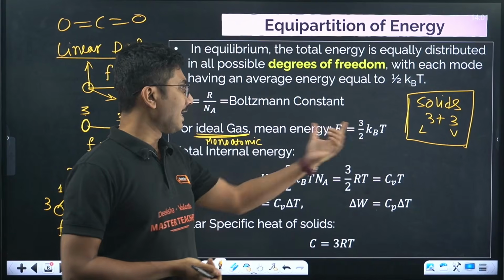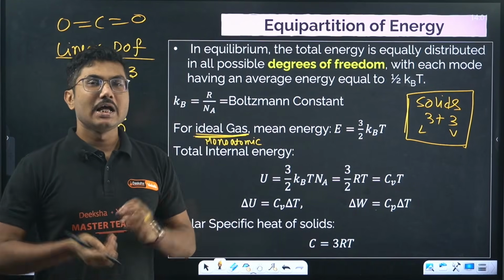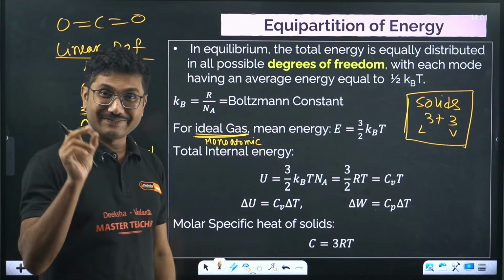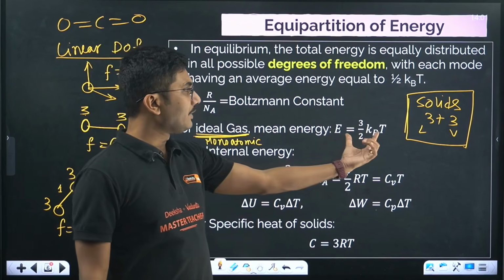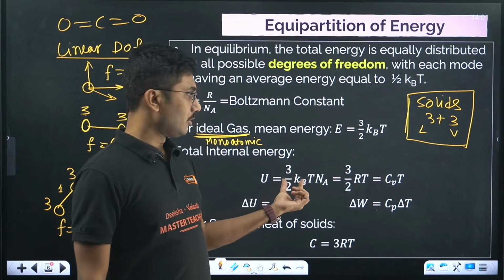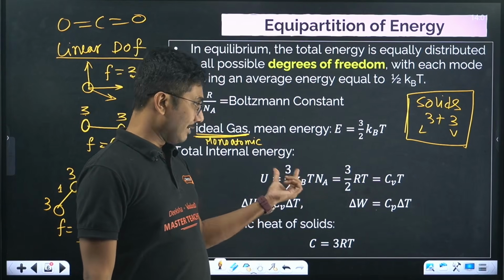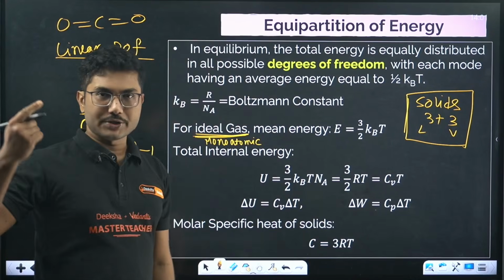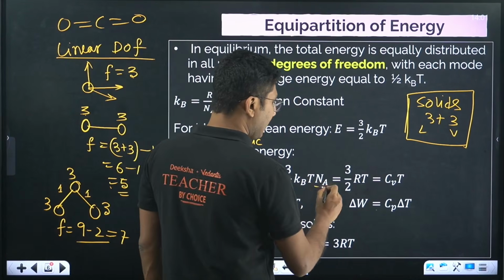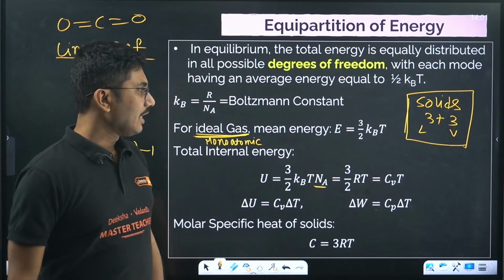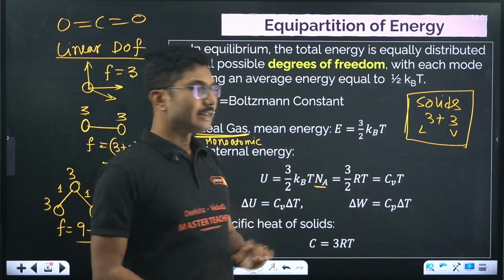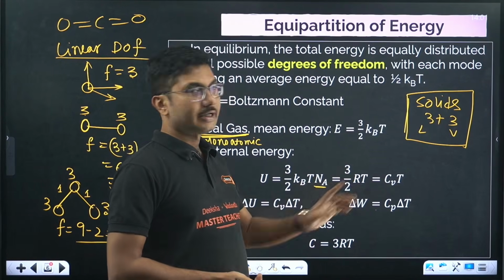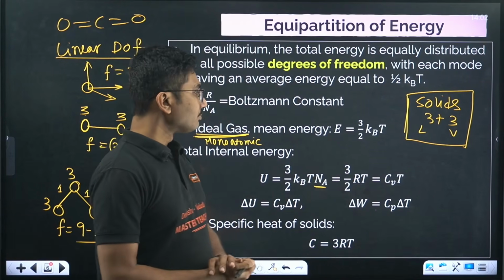So from this energy formula we can calculate the total internal energy of the gas. Total internal energy, not the internal energy difference. It will be 3 by 2 kBT, that is energy per molecule. If you take 1 mole of gas and multiply it with the Avogadro number Na, kB into Na is actually R. So this will be RT, so 3 by 2 RT.